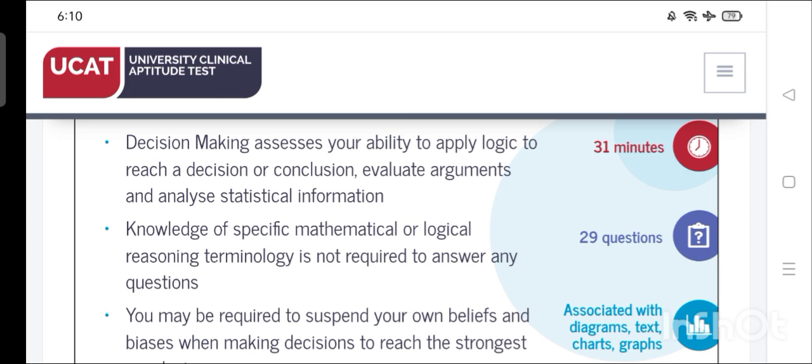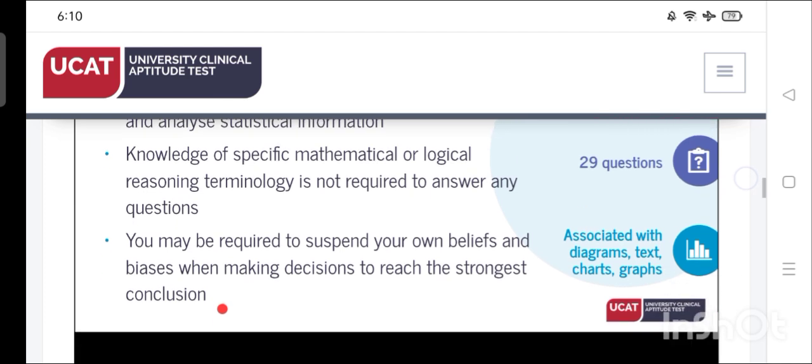And you don't need to have the knowledge of specific mathematical or any logical reasoning to answer any of these questions in this subtest. You may be required to suspend your own beliefs and biases because it's a portion where you have to decide or conclude the best suitable argument from the information that will be presented to you.